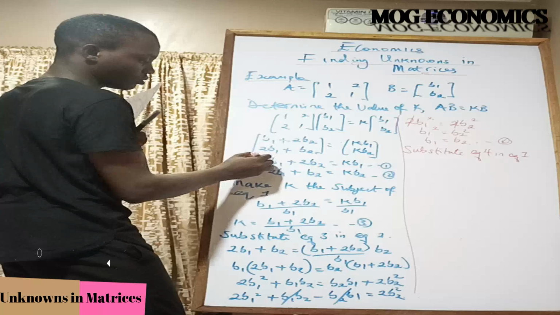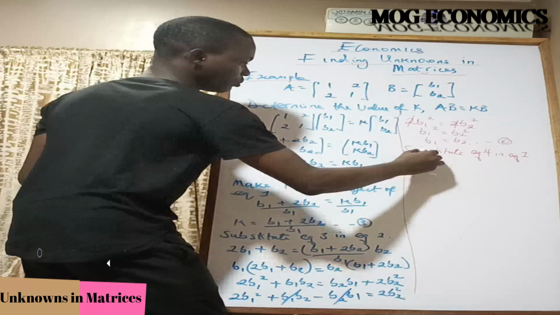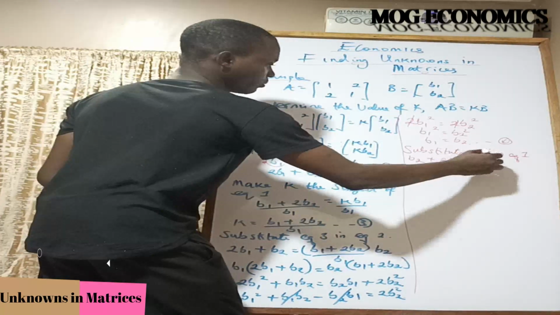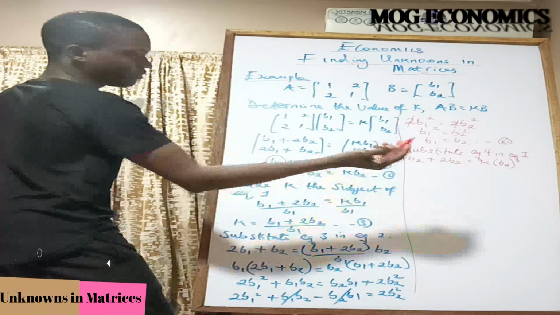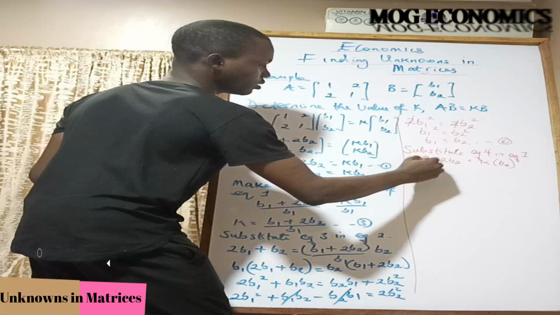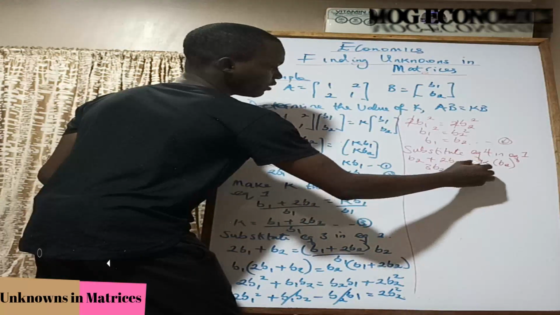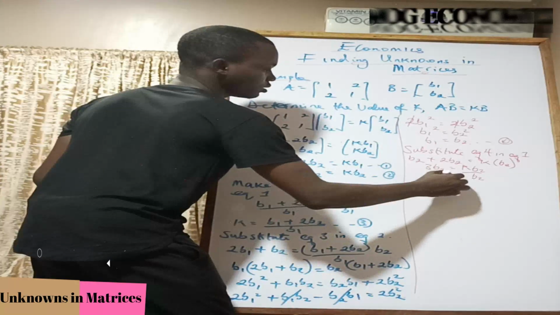So this is my b1 in this place, and I'm going to replace it with b2. So I'm going to be having b2 plus 2b2 equals k into bracket b2. I make everything b2. So here you have 3b2 equals k b2. Divide both sides by b2, and k equals 3.